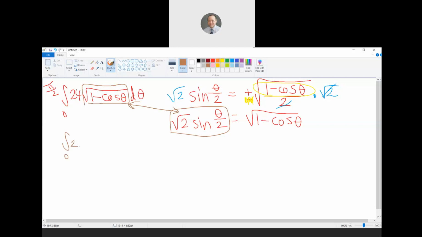So we have 24 square root of 2 times sine of theta over 2 d theta. Are there any questions about using this identity?